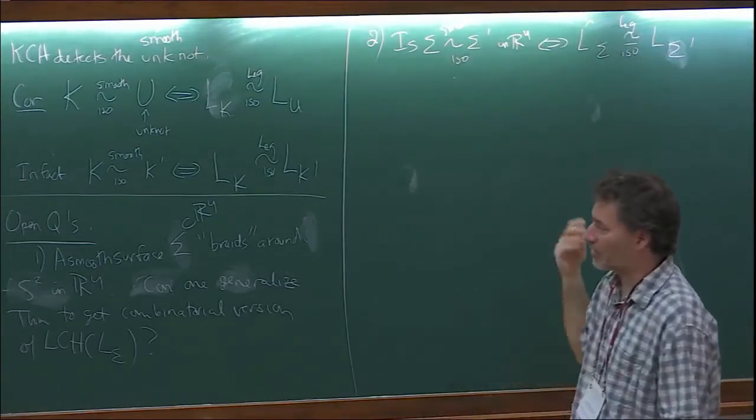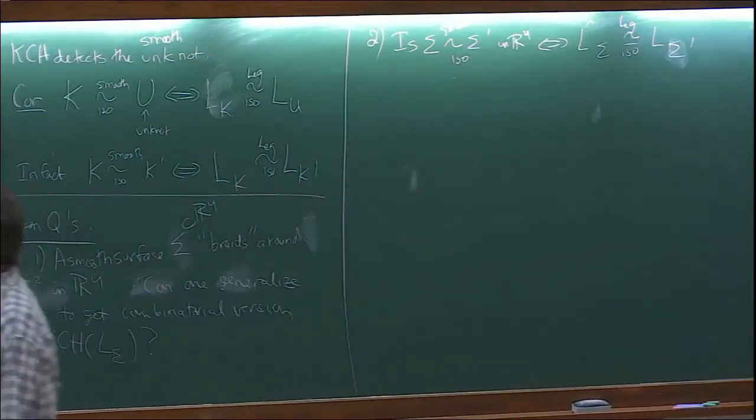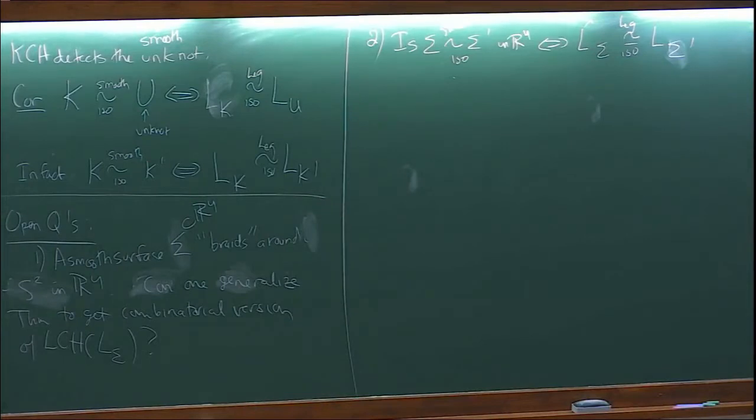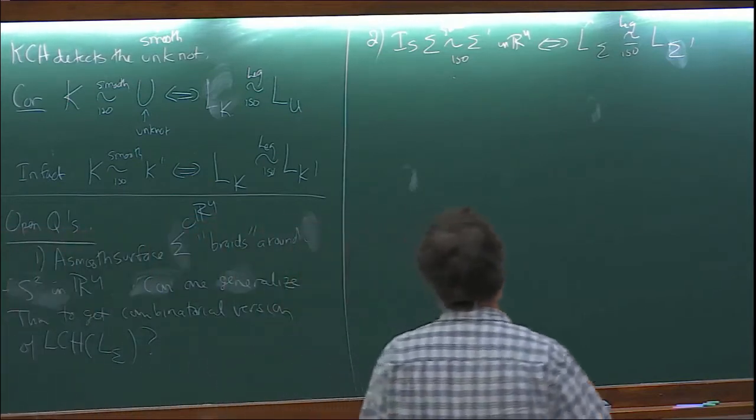And again, one direction is obvious. You just lift the isotopy at each stage, and you get a Legendrian isotopy upstairs. It's the other direction, which is perhaps false, I don't know.